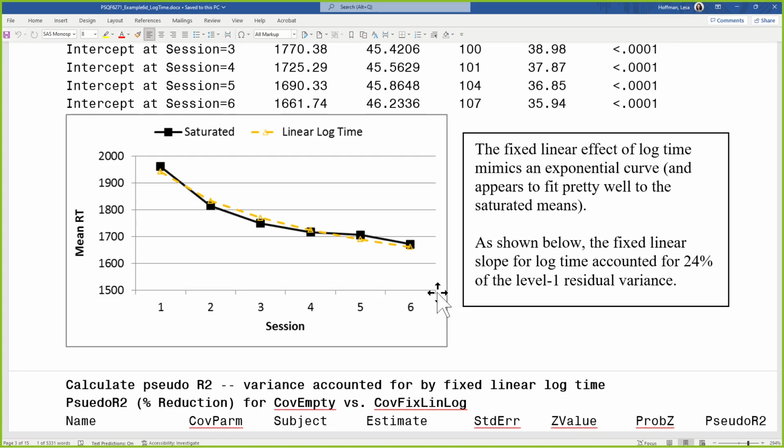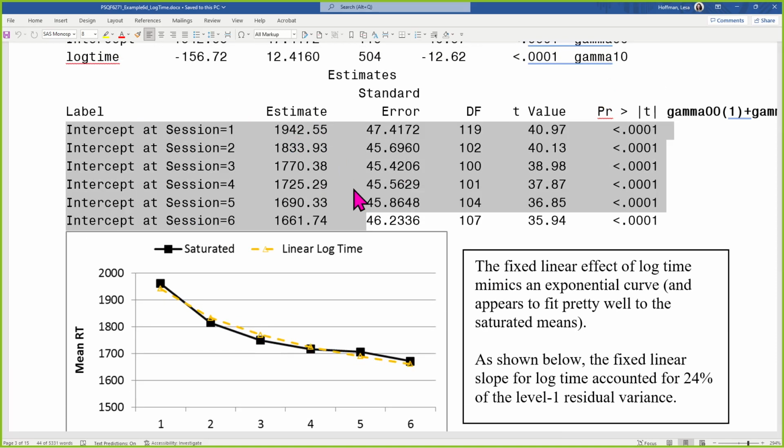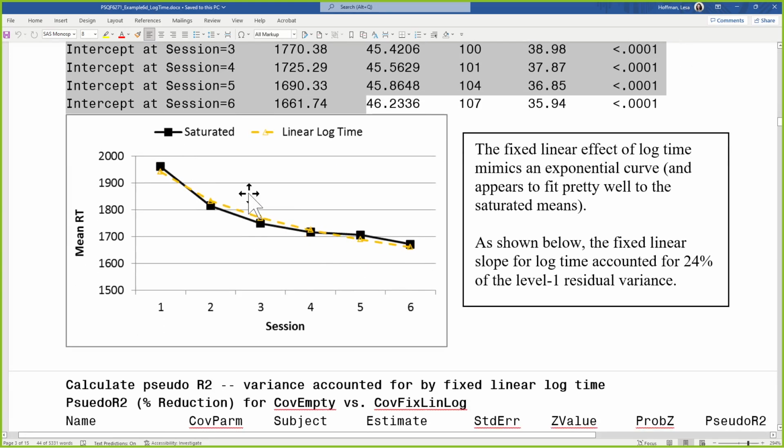This isn't even like me stacking the deck. This is real data. So these are the predicted outcomes at each occasion as created from estimate statements, LINCOM statements, or contest 1D. There's other functions you can use to do the same thing, but this will help us to judge how well our fixed effect trajectory captures these saturated means.